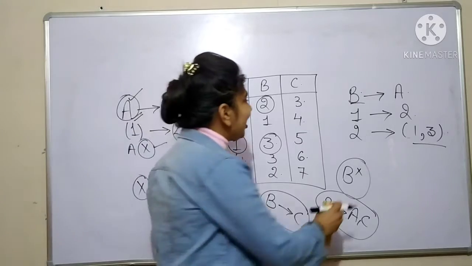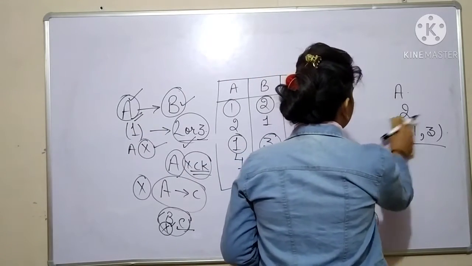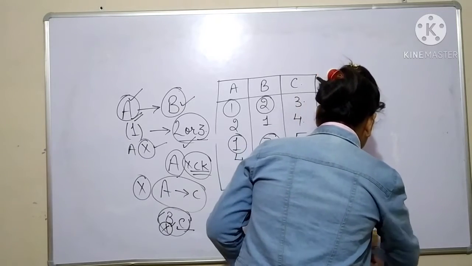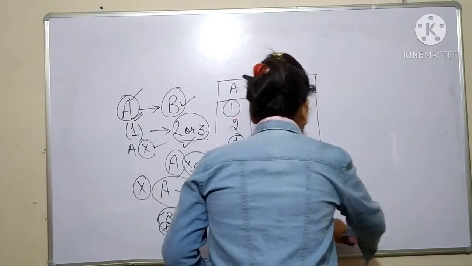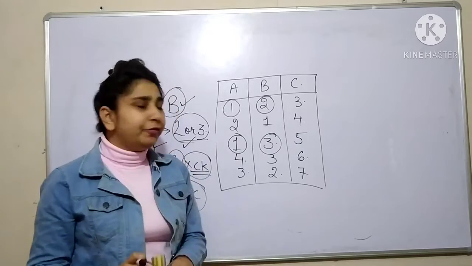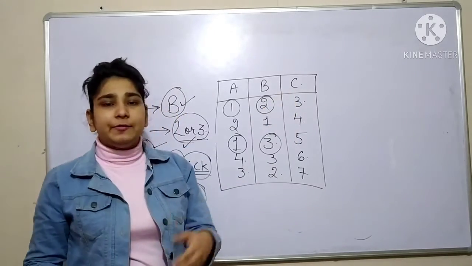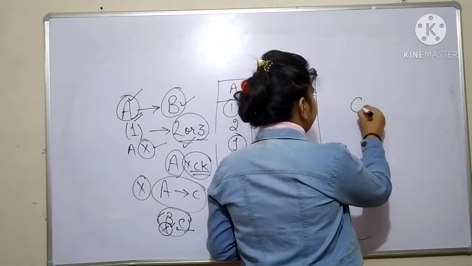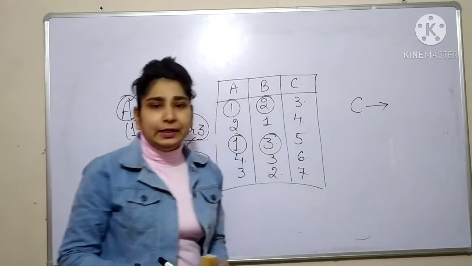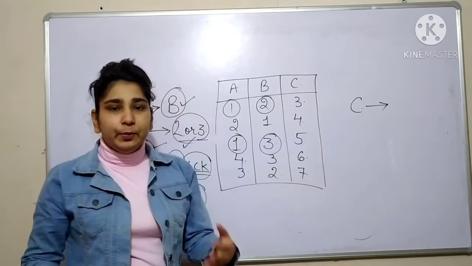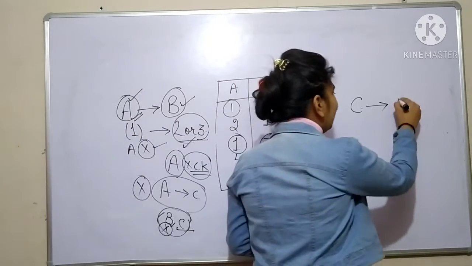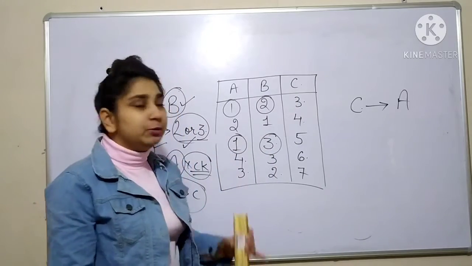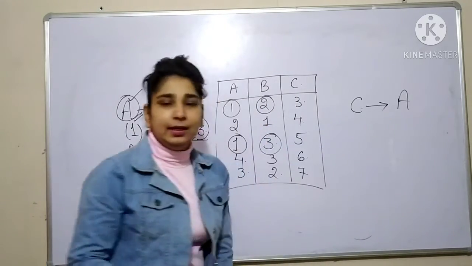Now let me check if C can be your candidate key. If you are given the value of C, are you able to determine a single value of A?